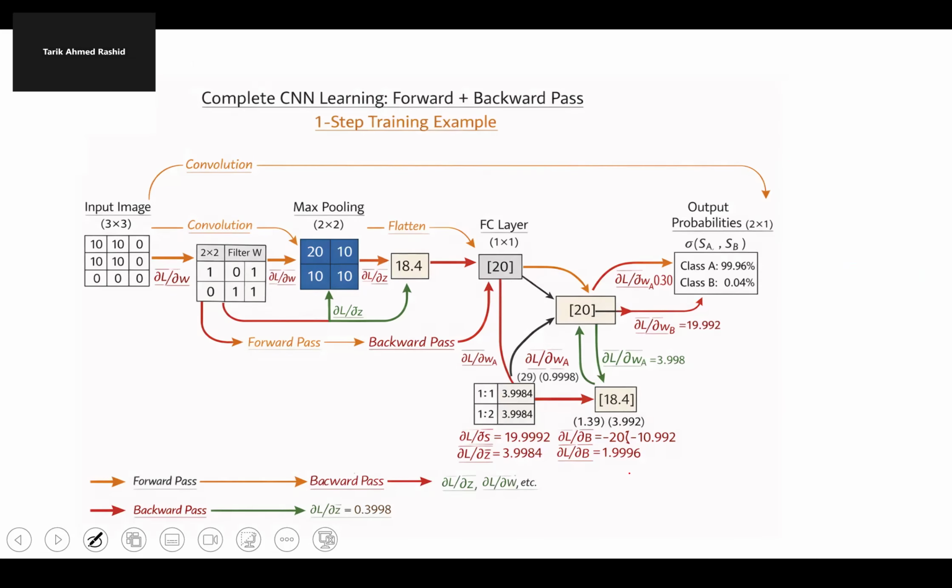Now, this is the first forward pass and backward pass, and we updated the weight, and we found the Z value was previously 20, now it's reduced to less.